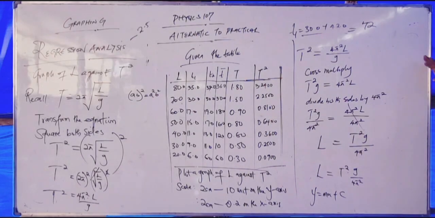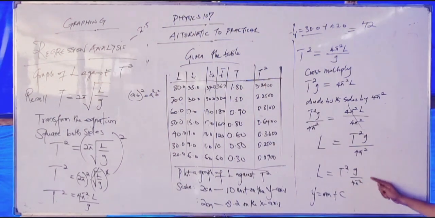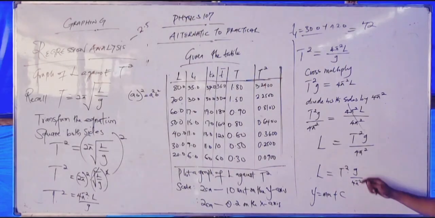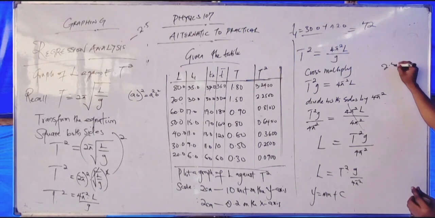Now, I'm going to show you that this graph must start from the origin, and the slope is g over 4 pi squared. Sometimes in your practical exam, they will not tell you to find the value of g. How do you find the value of g? After plotting your graph, you must have gotten your slope. Let's say your slope is 2.5.